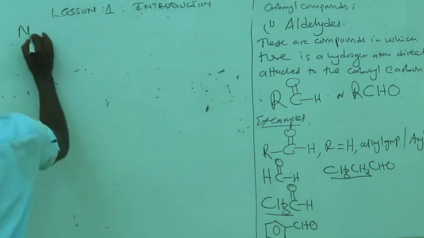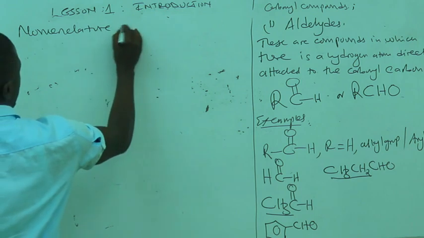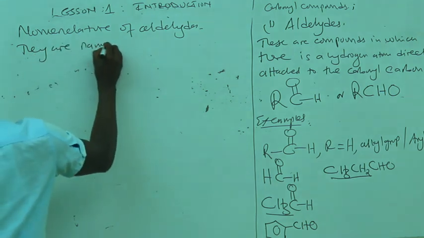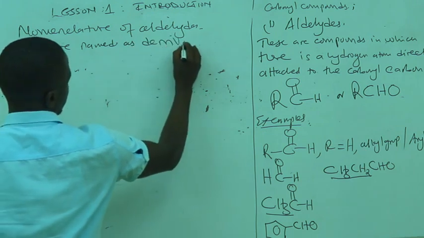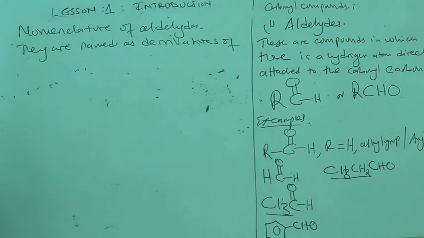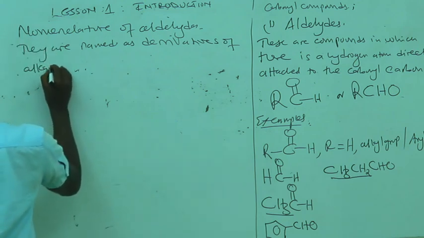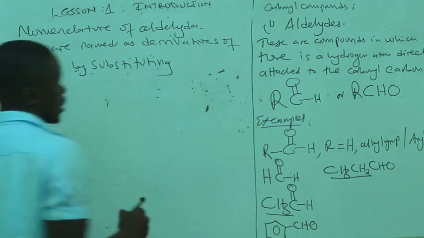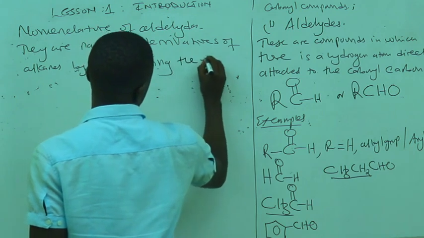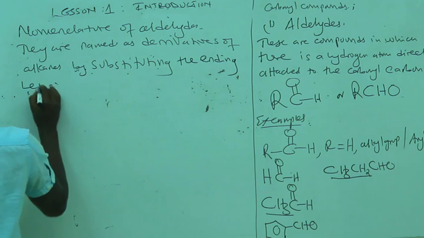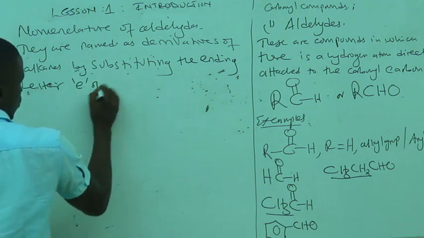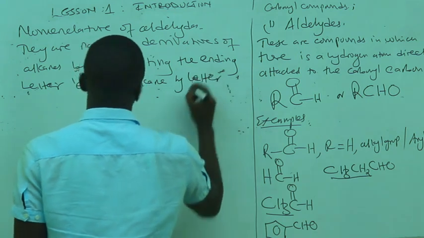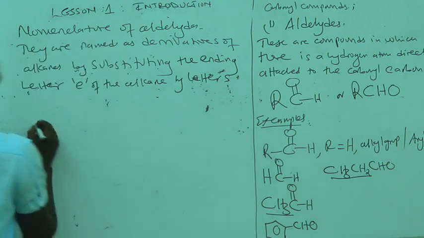The nomenclature of aldehydes: they are named as derivatives of alkanes by substituting the ending letter E of the alkane by letters AL.